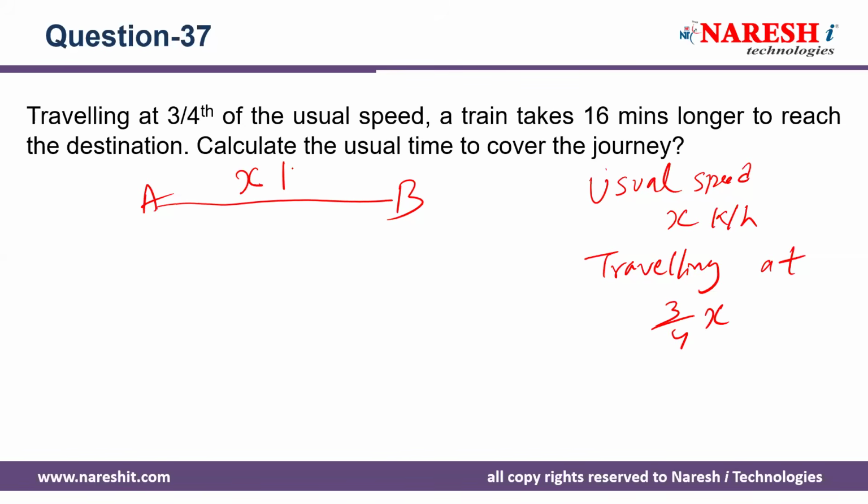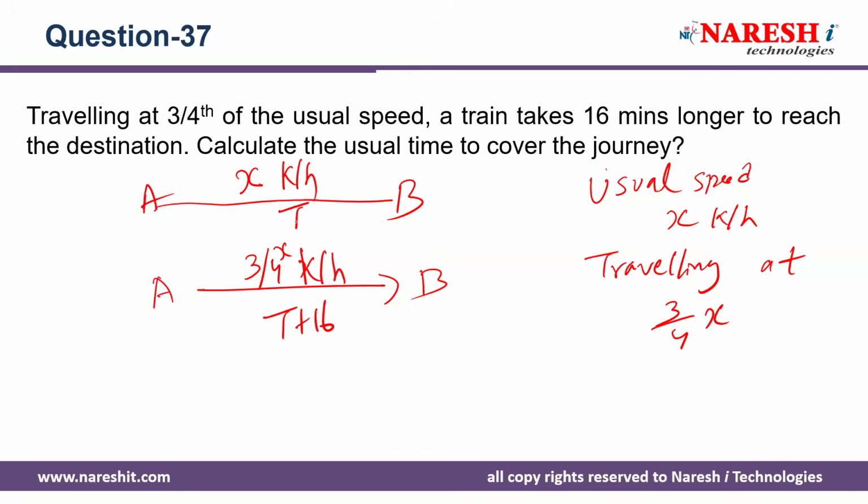So from A to B, if he is going at x kilometer per hour, and he changed his speed to 3 by 4th of x kilometer per hour, a train takes 16 minutes longer to reach the destination. So when he's going at this speed, he is taking 16 minutes extra. When he's going at the original speed, he's reaching on time. Calculate the usual time to cover the journey. What is the usual time? T value. They're asking you to find the T value.